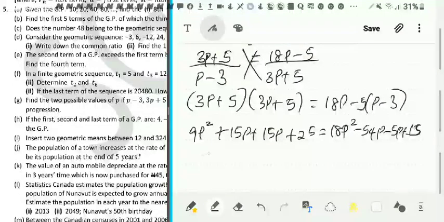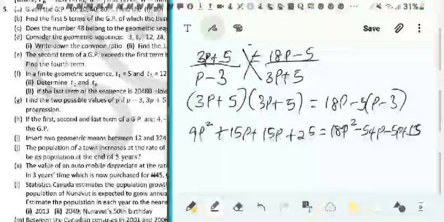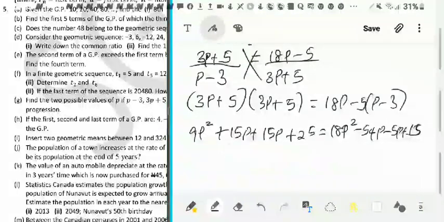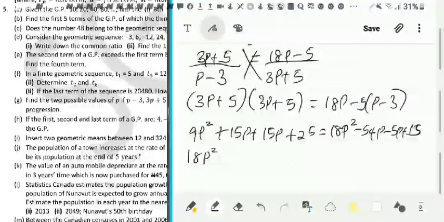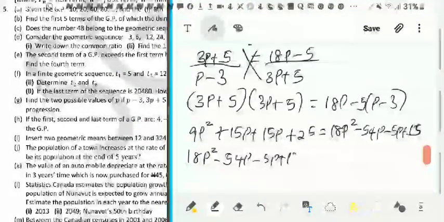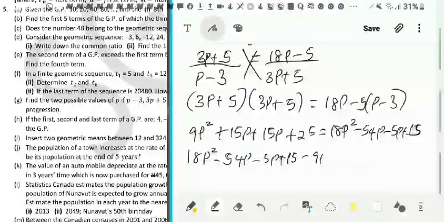Let's collect like terms together. This is going to give me a quadratic equation anyway, because you can see the square here. Let me just do that here, even though it's going to take my time. 18P squared minus 54P minus 5P plus 15 minus 9P squared.